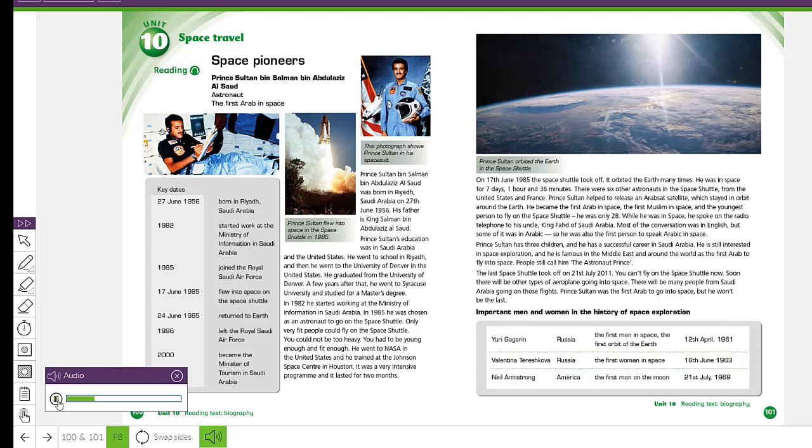Prince Sultan flew into space in the Space Shuttle in 1985. Prince Sultan bin Salman bin Abdulaziz Al Saud was born in Riyadh, Saudi Arabia, on the 27th of June 1956. His father is King Salman bin Abdulaziz Al Saud.